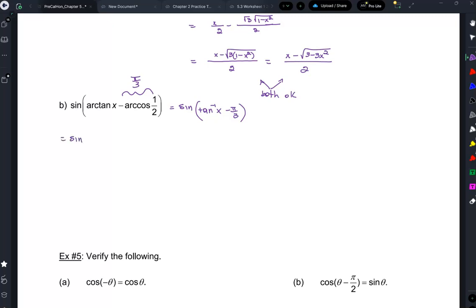So sine, cosine, minus cosine, sine, right?